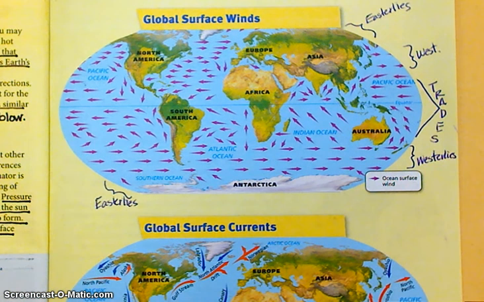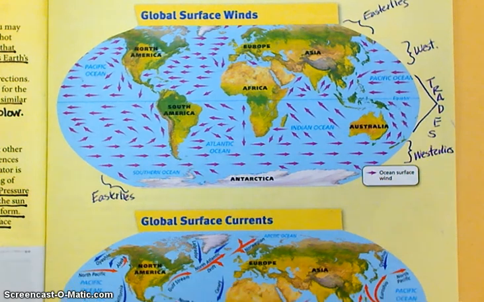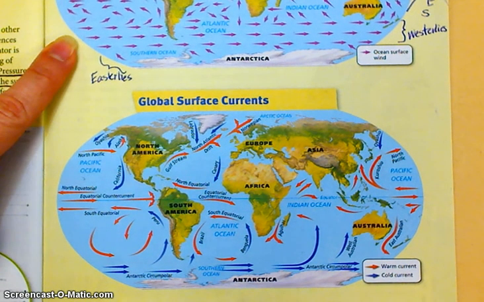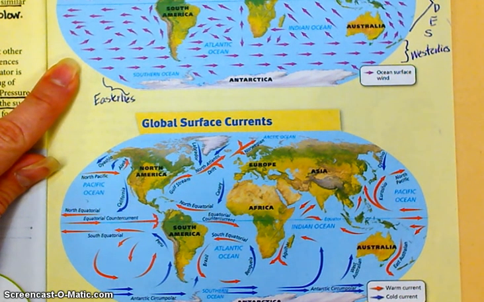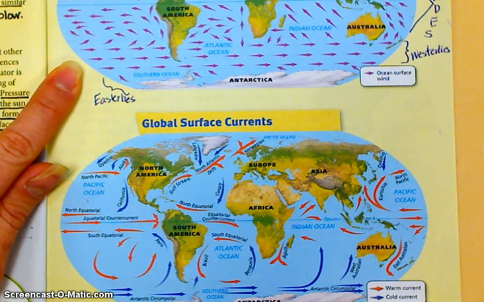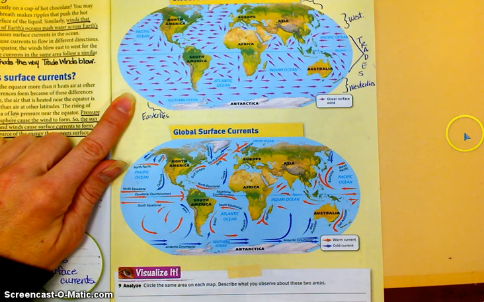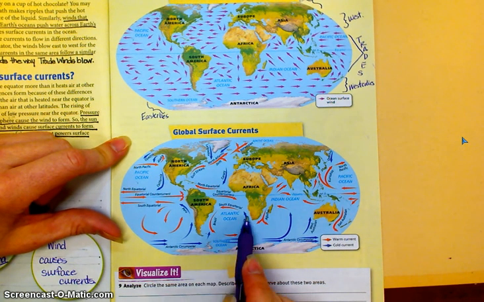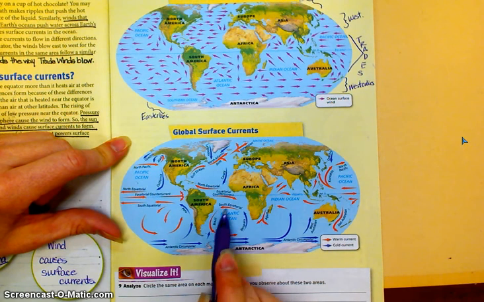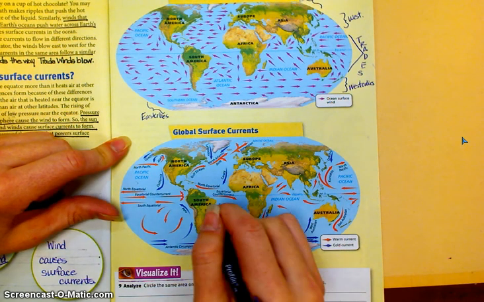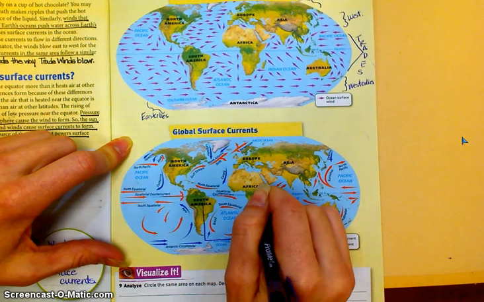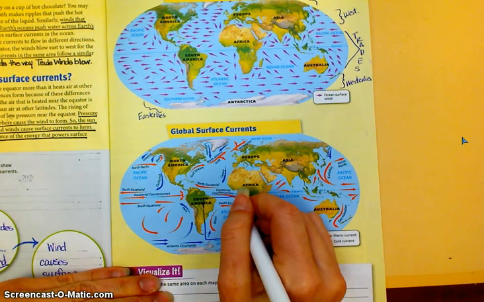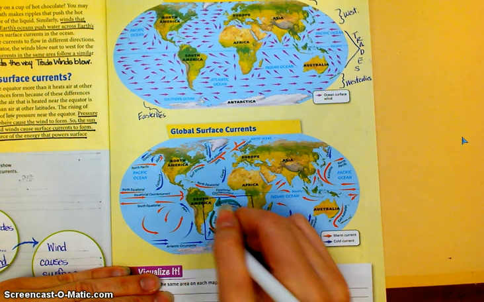So it really should be no surprise that your global surface currents correspond to the way that your global winds are blowing. If you notice, for instance, let's look at the South Atlantic gyre, this big circulation here, and you'll notice that generally it moves like so.